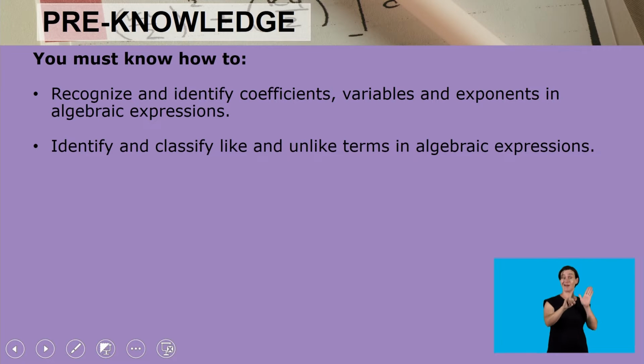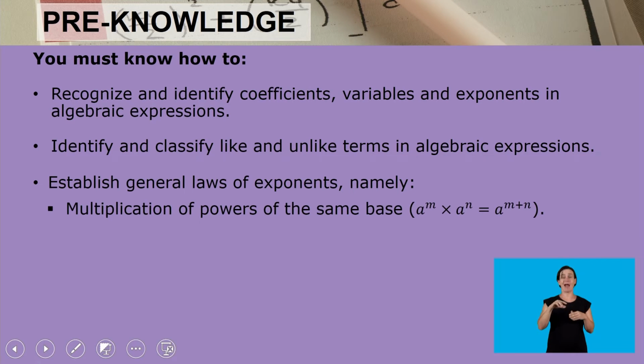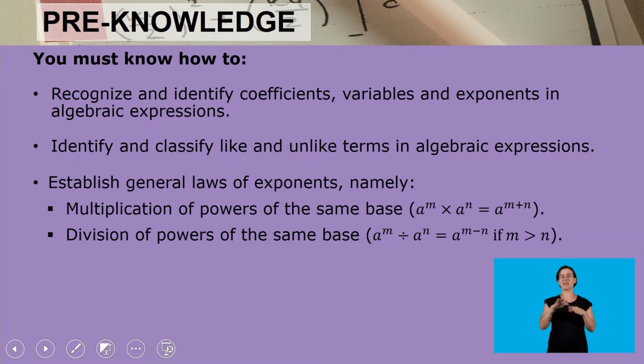You should also know how to identify and classify like and unlike terms in algebraic expressions. Then you also need to establish general laws of exponents, namely the multiplication of powers of the same base and division of powers of the same base.